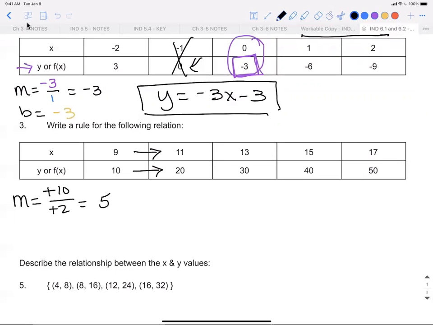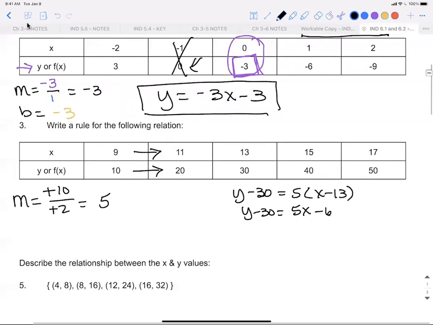Now notice here, I'm not given the gimme, the freebie, right? I'm not given the X of 0. So I do have to do it the old fashioned way. I don't care if you pick a point or if you find your B, it doesn't matter. I'll take 13 and 30. So if I have Y - 30 equals 5 times X - 13, Y - 30 equals 5X, is it 65?